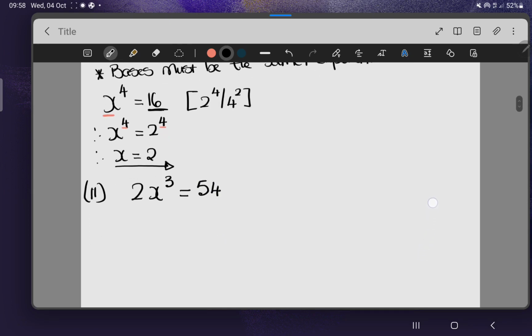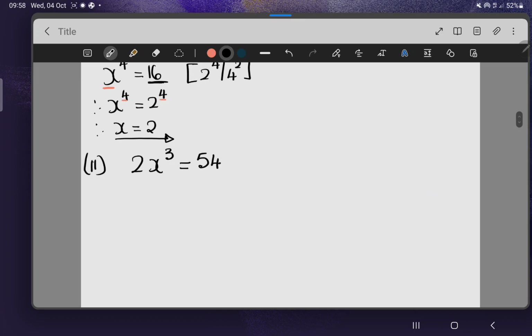Then what we're going to do here is very simple. We have to get rid of the 2. How do we get rid of the 2? What you do on the left-hand side must be done at the right-hand side. Then we have x to the power of 3, which is 54 divided by 2, that is 27. So now we have to change 27.